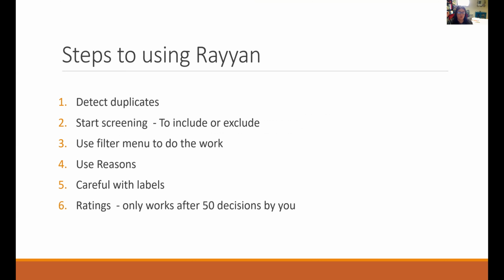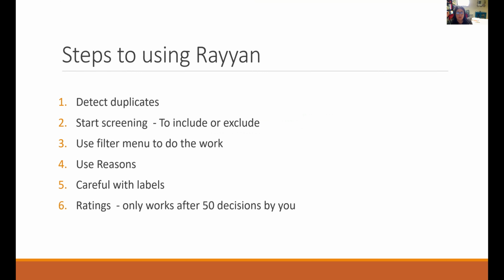And then we're going to use reasons, and I'll explain more about what that means once we get into the software. And then careful about labels. And the difference there is reasons will help Rayyan assist you in finding things to include or exclude, where labels are just useful to you. It won't help Rayyan help you. So depending on what you need to do for your own research, do what you need.